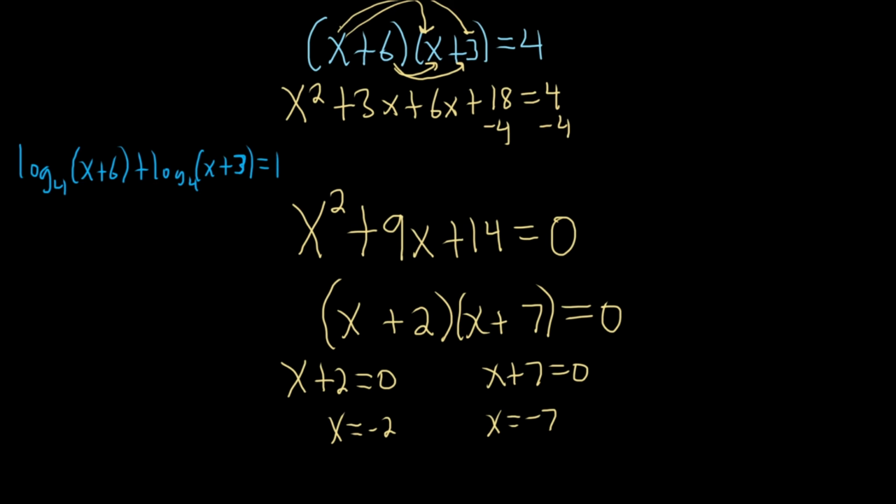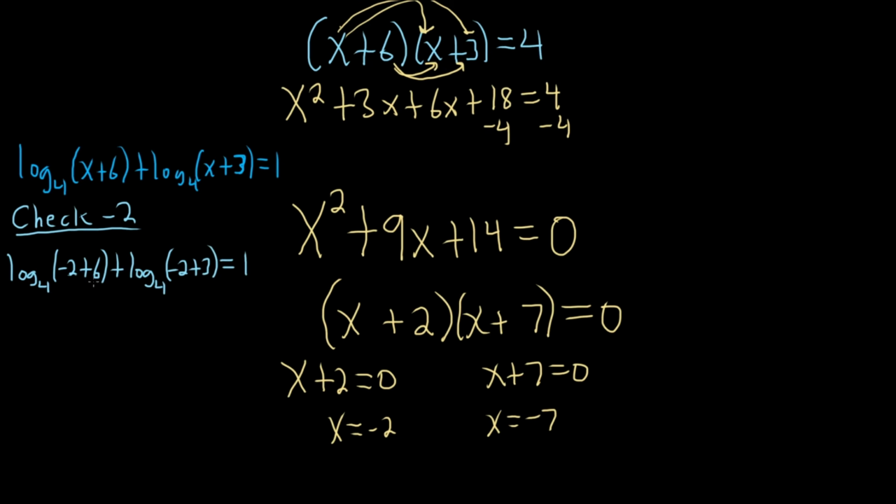Let's check -2 first. It's really important that you check with the original equation. So log base 4 of -2 plus 6 plus log base 4 of -2 plus 3. And this should be equal to 1.